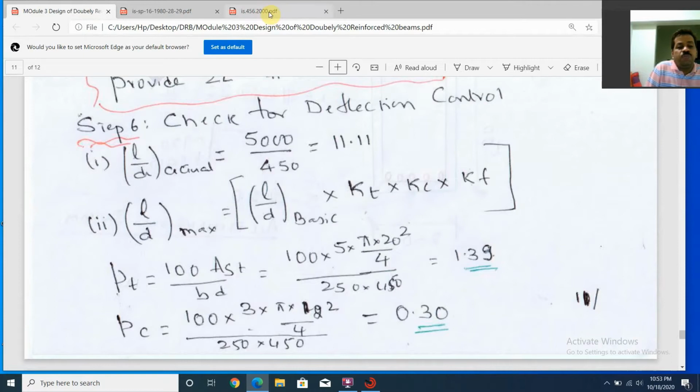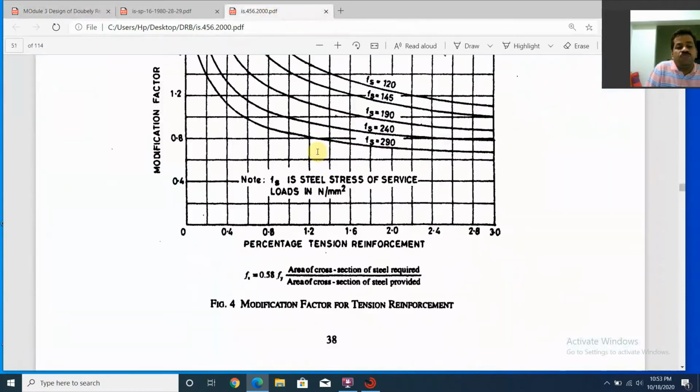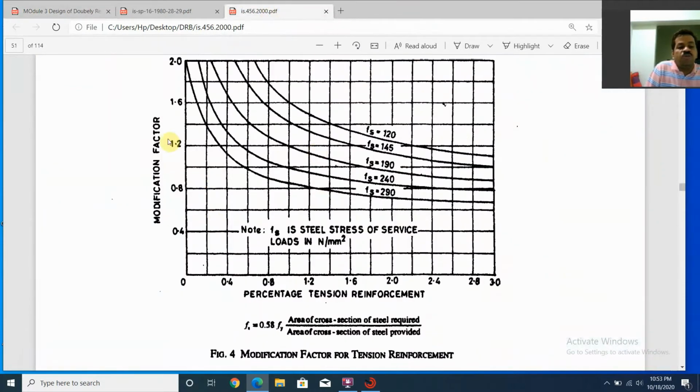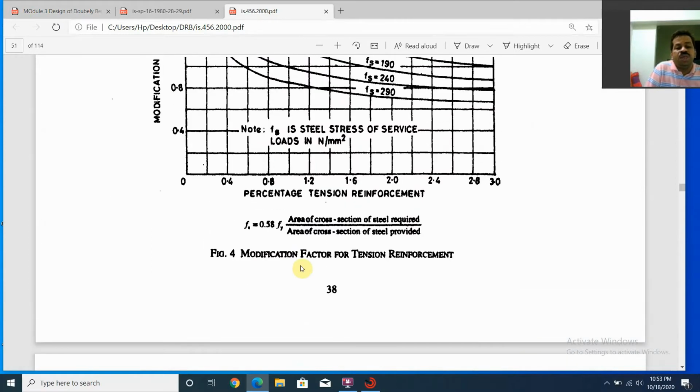So KT depends upon the percentage of reinforcement here and the modifying factor, so I can do the interpolation and find out. But Fs is given in the code book, page number 38, as 0.58 fy times the area of the cross section of the steel required divided by the area of the cross section of the steel provided.